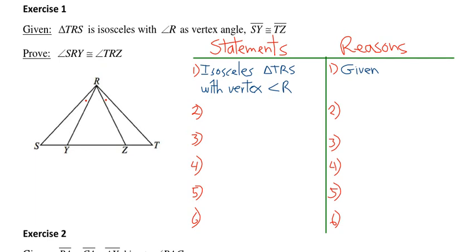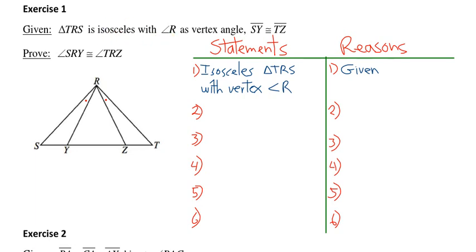And we're given that triangle TRS is an isosceles triangle and R is the vertex angle. So what can we get from that? Well, as I discussed on the top, if you have the vertex angle in an isosceles triangle, you have to be able to get two congruent sides because that is what the definition of the isosceles triangle says.